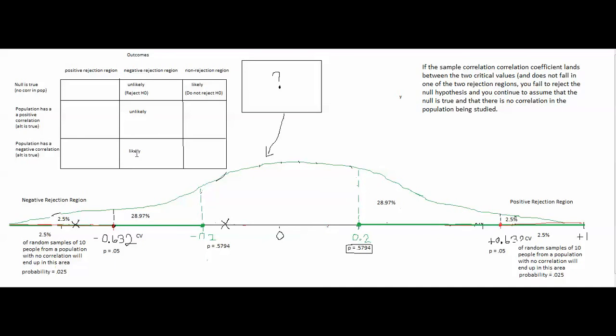So that would mean that if an outcome in the negative rejection region was unlikely to happen in this situation, then this is rejected. If it was unlikely to happen in this situation, that's also rejected. And if it's likely to happen in this situation, then we conclude that this appears to be true. So if your outcome is in the negative rejection region, you decide that the population has a negative correlation.